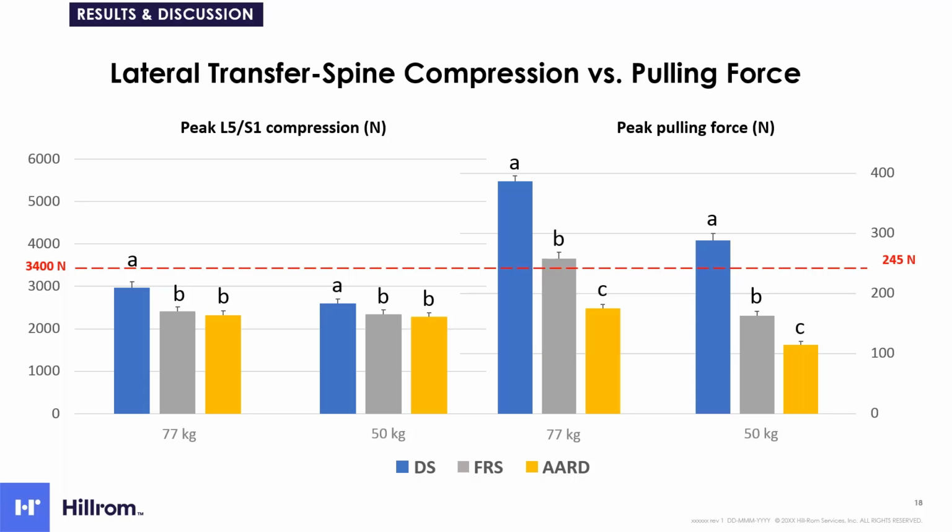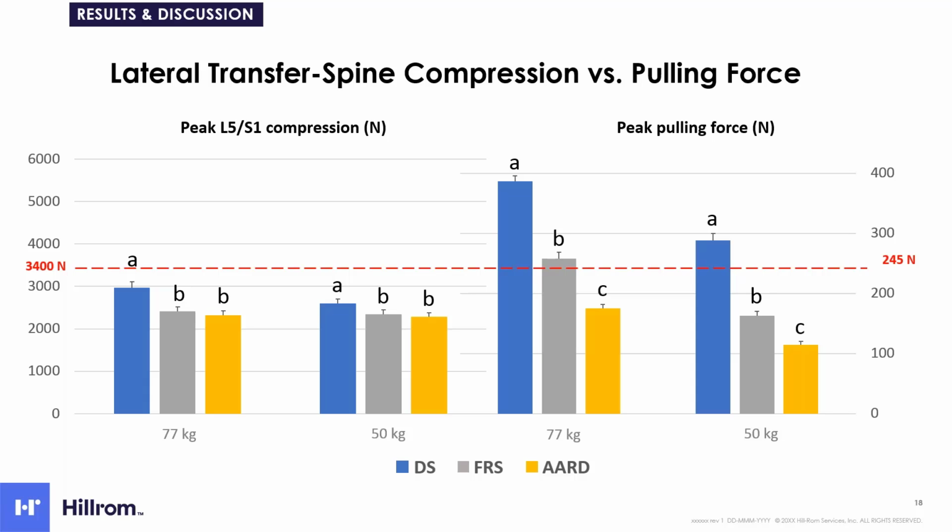Also, the 141 kg patient was not tested again to avoid possible injury to the caregivers. We can see that pulling force is still consistently higher relative to the injury threshold than spine compression.